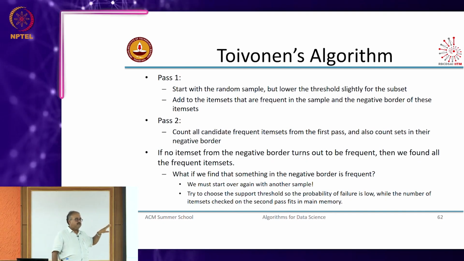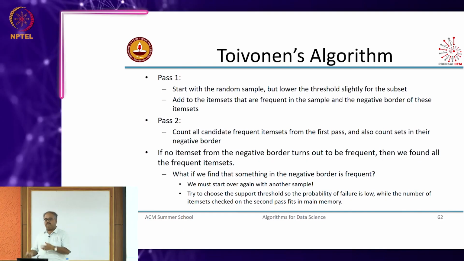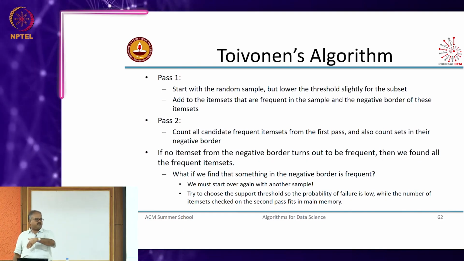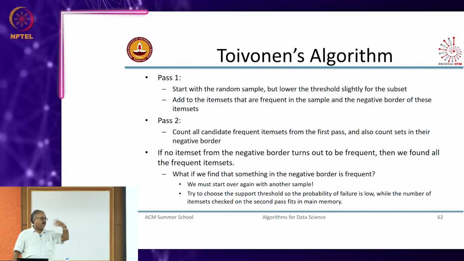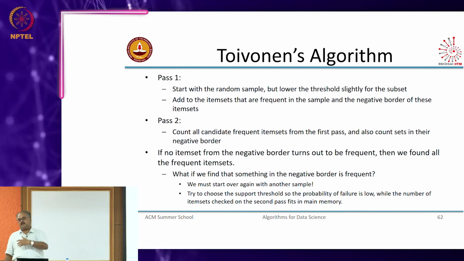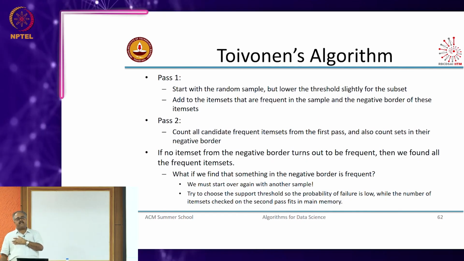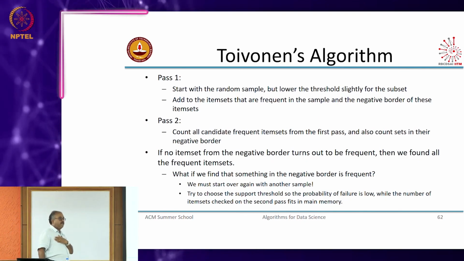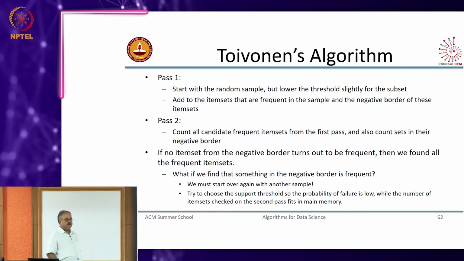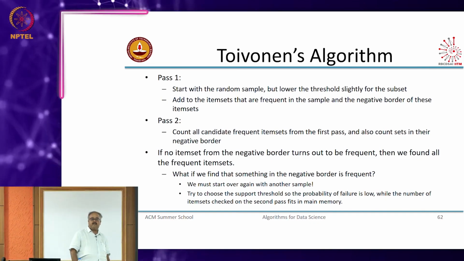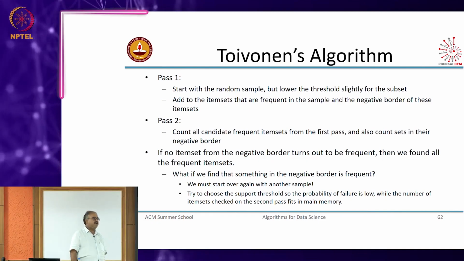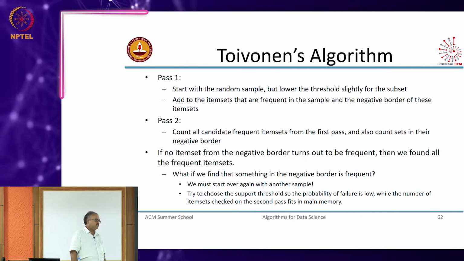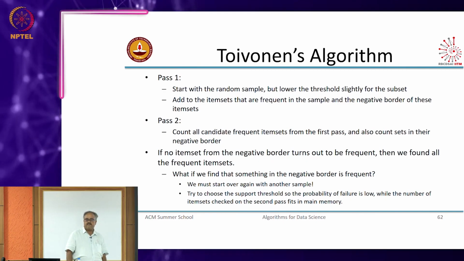That is possible, but what we are hoping is that everything that turned out to be frequent in the sample turns out to be frequent in the real data, but the negative border does not turn out to be frequent. So, if the negative border does not turn out to be frequent, thanks to the a priori property, nothing that contains a negative border item set can be frequent, and we have already checked everything that is below the negative border. So, we are done. We have not lost anything. So, no false positives, no false negatives.